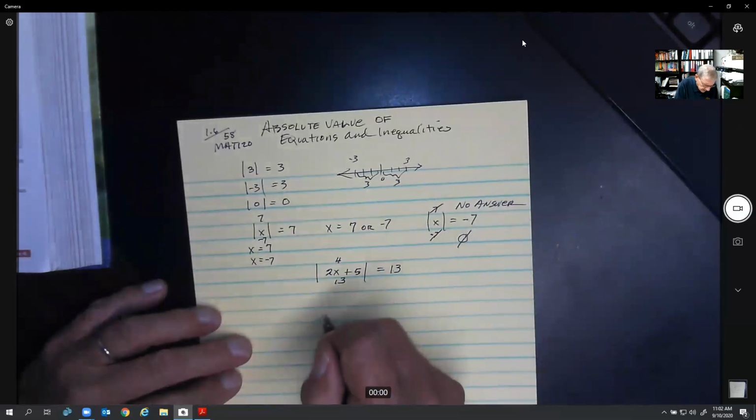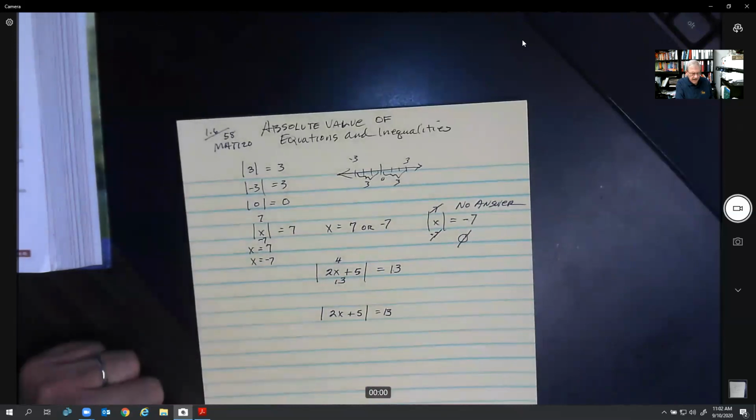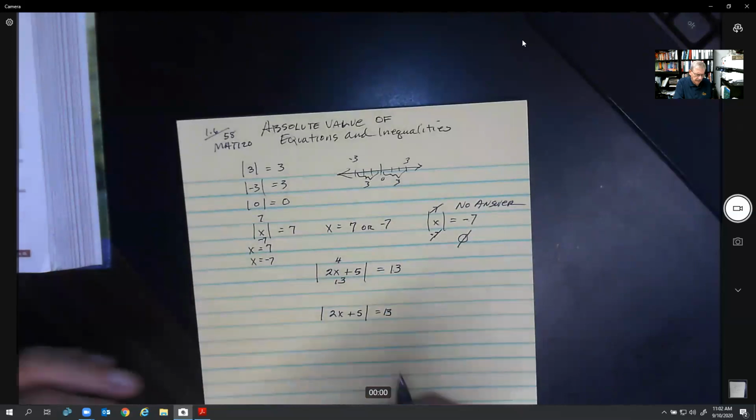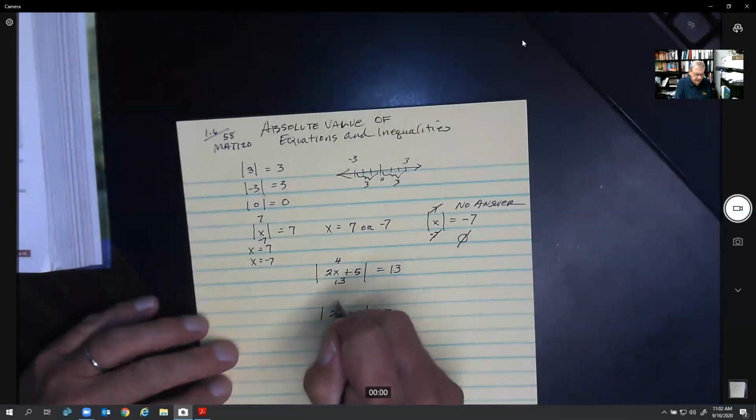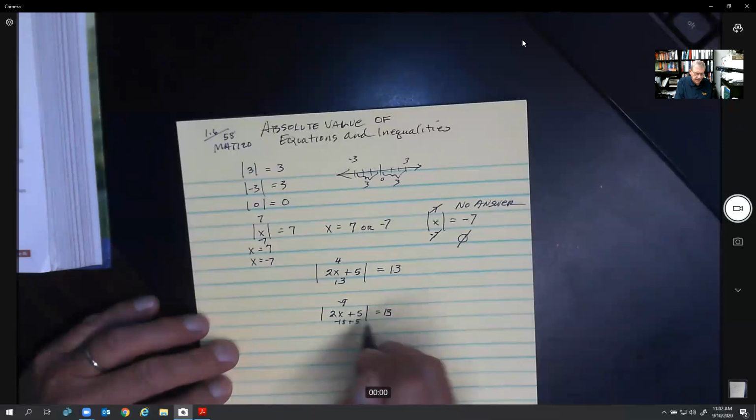But did anybody think a little bit harder? Did anybody come up with -9? I wouldn't have come up with this either. But -9 times 2 is -18. And -18 plus 5 is -13.